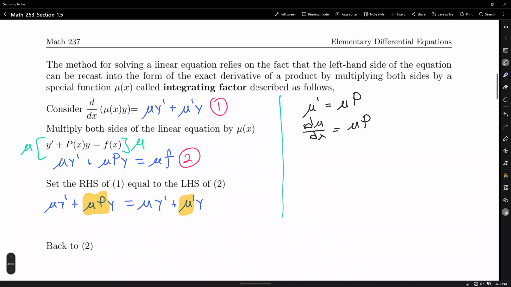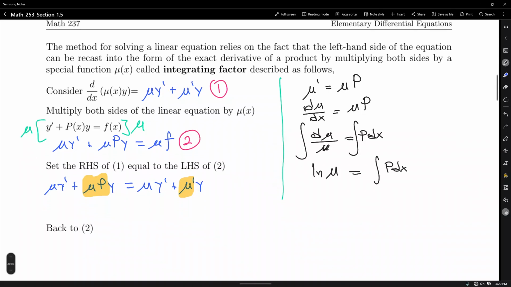We can separate the variables here by multiplying both sides by dx and dividing both sides by mu, and integrate both sides. All right? Well, what's the integral of d mu over mu? That's ln of mu, all right? And what is this integral of p dx? Whatever that is, because right now we don't know what p is, all right?